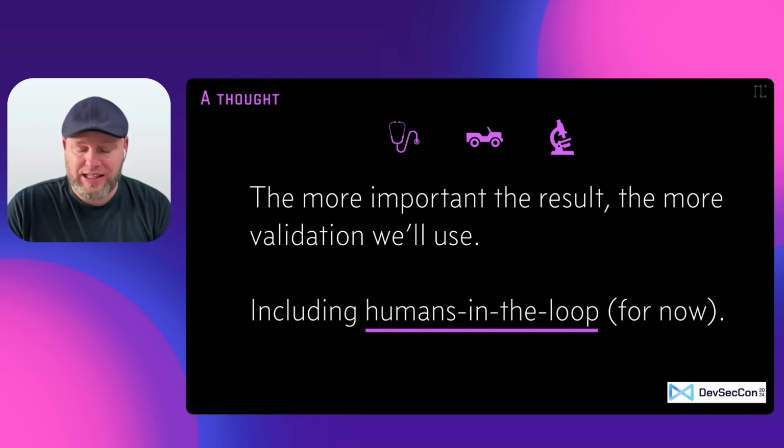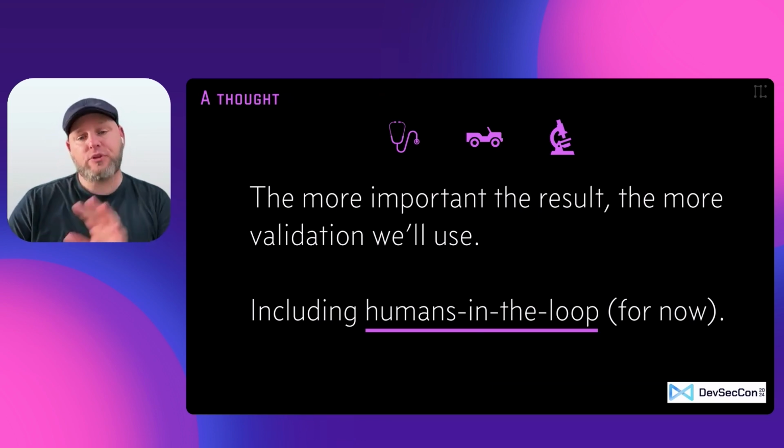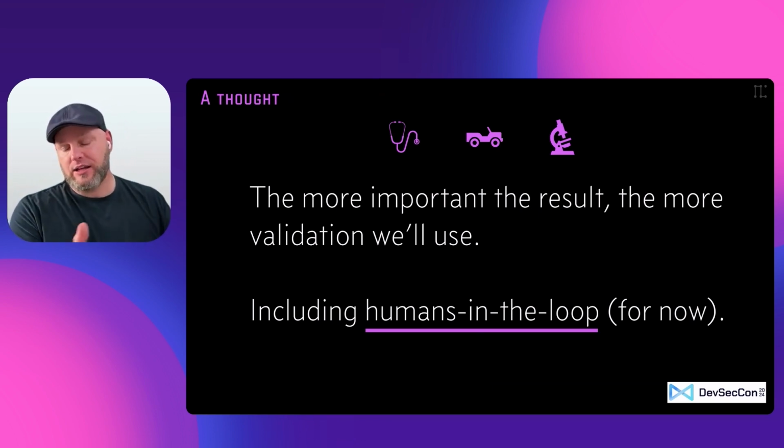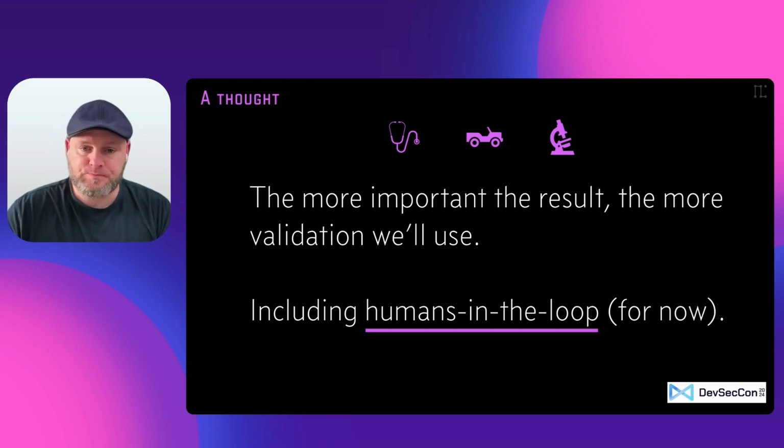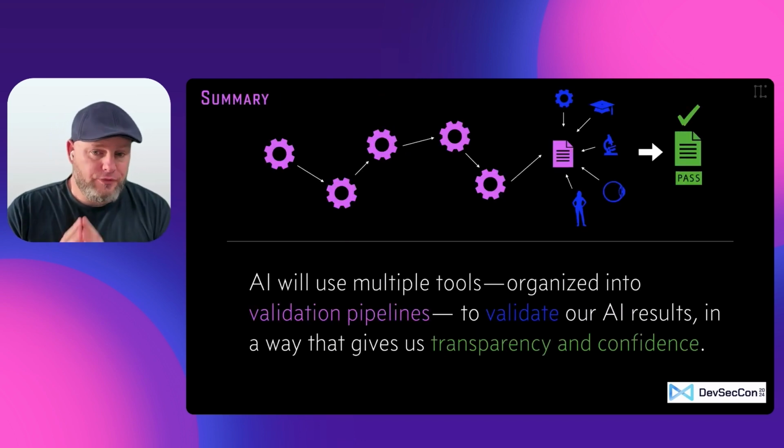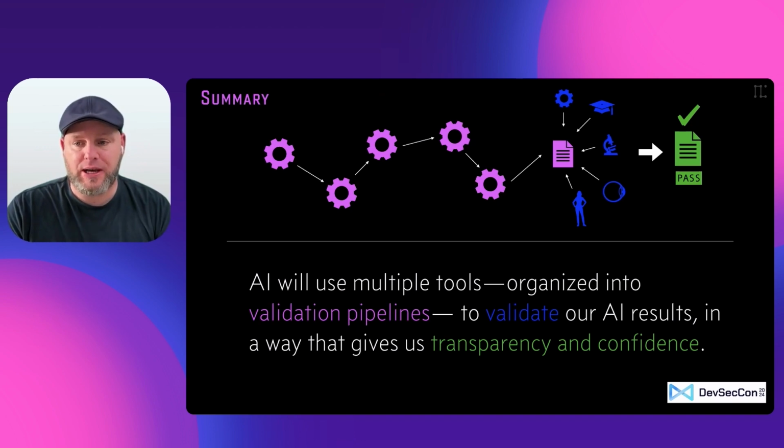For example, you might need an MD to actually sign off to say this is good or bad or whatever, after it went through this whole set of things. So if I'm right about this, the way we're going to end up trusting AI results is by using AI to help validate and explain those results.